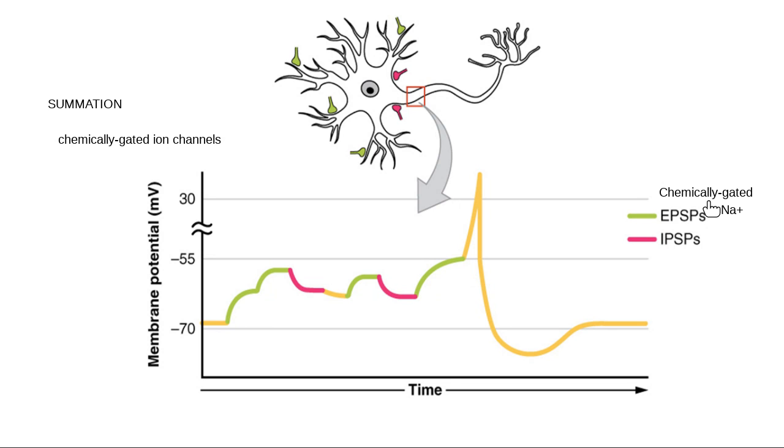Chemically gated. Because the voltage gated sodium channels are the ones that completely depolarize the membrane. Voltage gated do all of this business. Everything below threshold, that's my chemically gated channels.